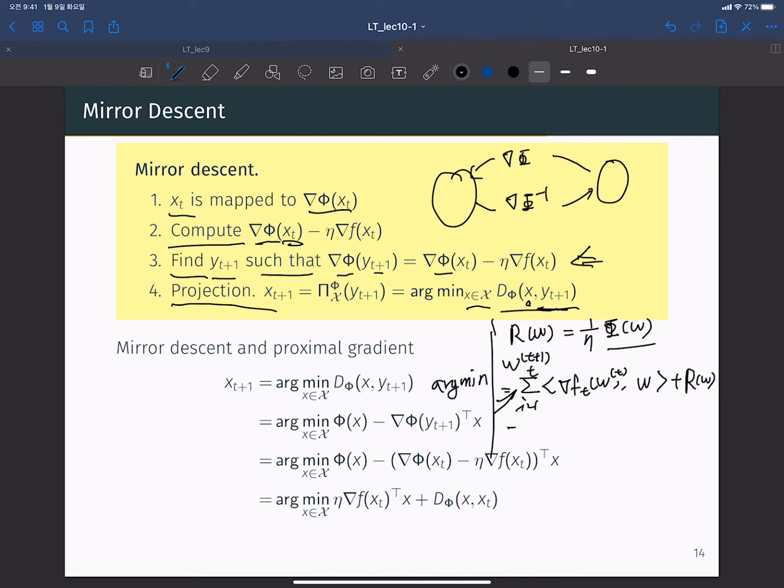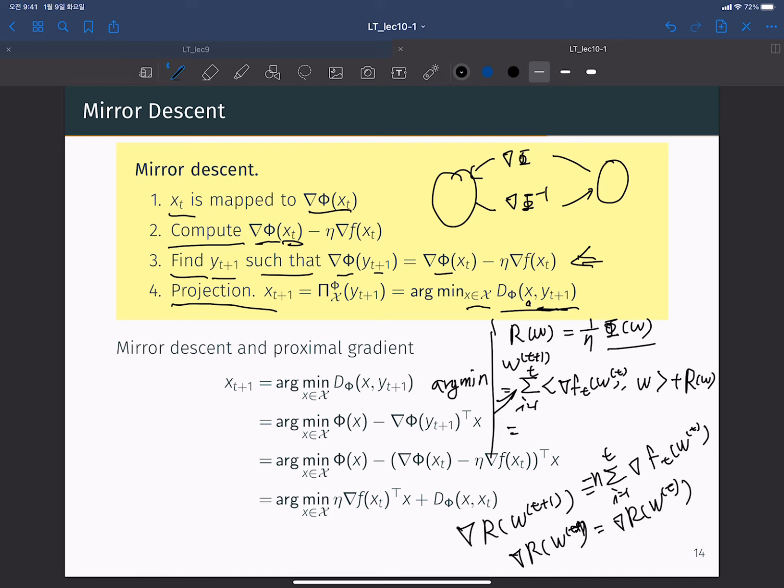And the argmin is the point where the gradient of R(w_{t+1}) is equal to minus eta times the summation from i=1 to t of the gradient of f_i(w_i), which basically means the gradient of R(w_{t+1}) is equal to the gradient of R(w_t) minus eta times the gradient of f_t(w_t).